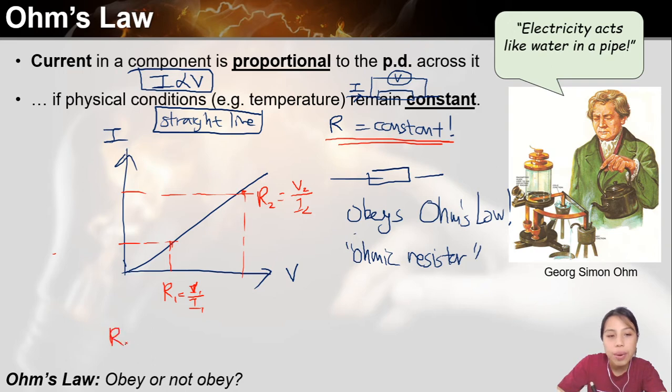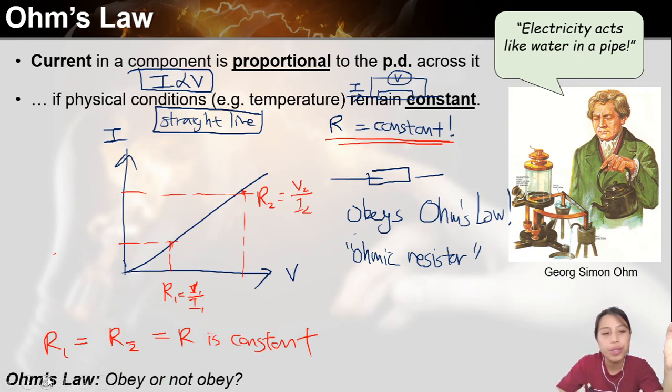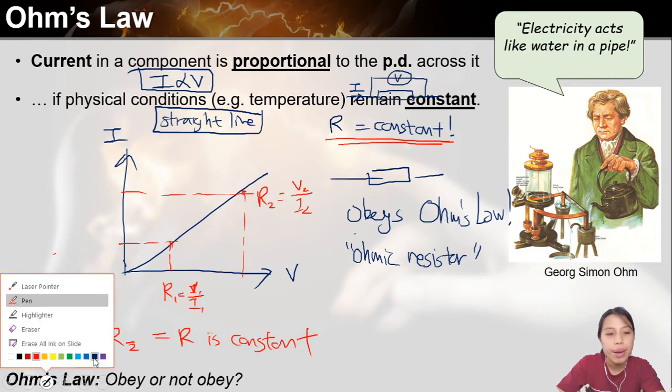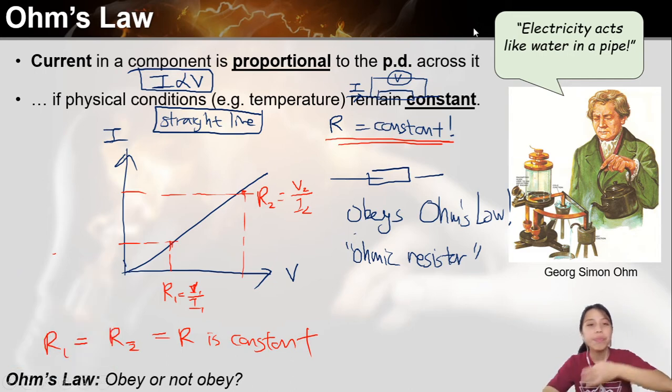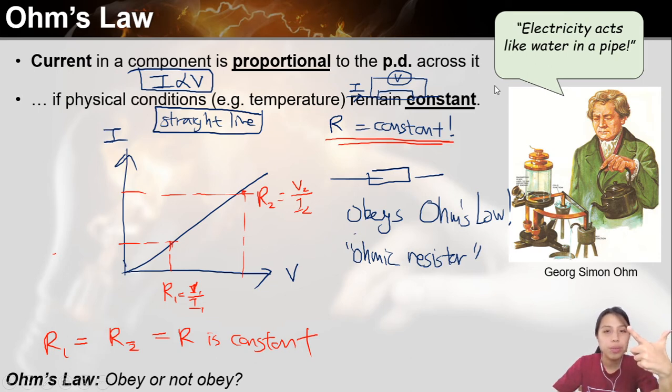Then it's R1 and R2. If they are the same value, it means your resistance is constant, and therefore this component obeys Ohm's law. It's the same thing as Hooke's law if you have seen some of these questions before. The only thing is what is constant and what is proportional. That's why you must keep this in mind. This is how it's different from the resistance idea we talked about in the previous slides.